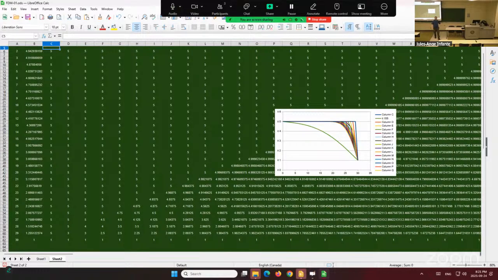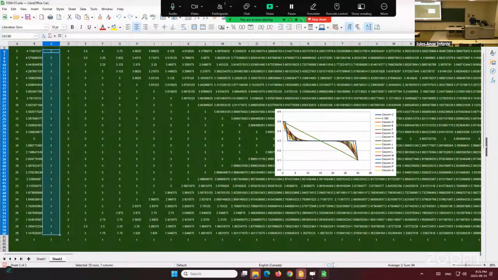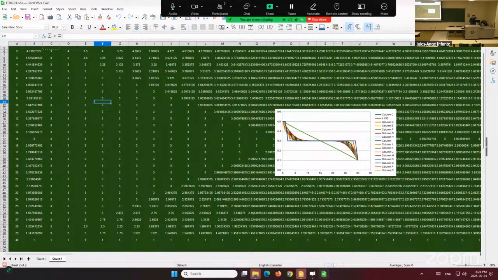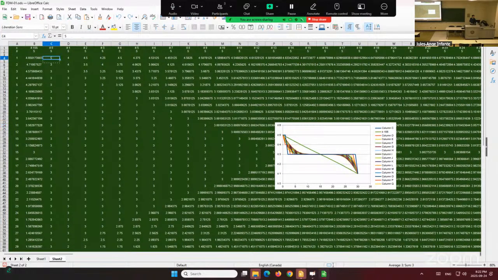So yes, your initial guess will affect how fast it converges. It would have taken many more iterations to get to the final value.